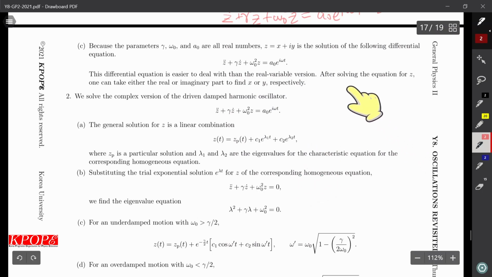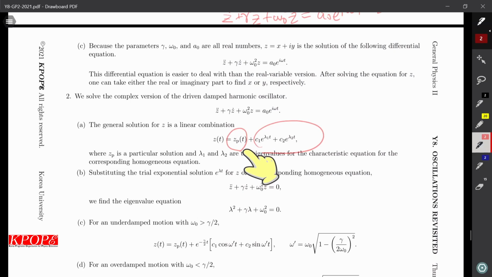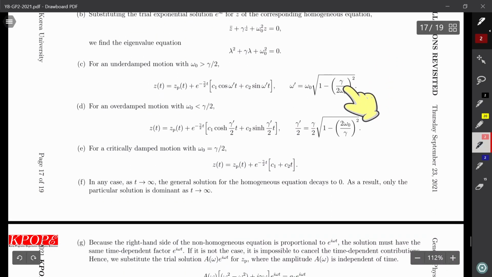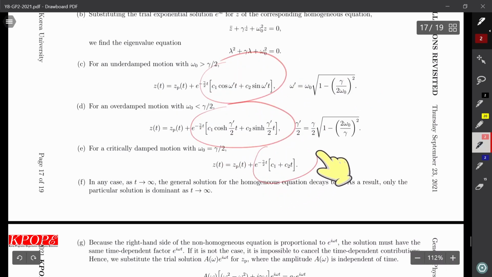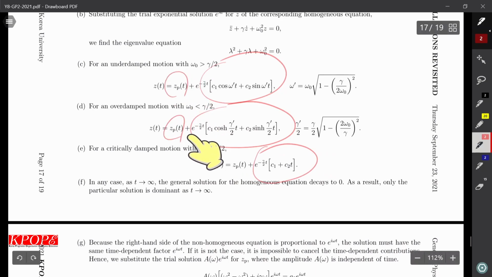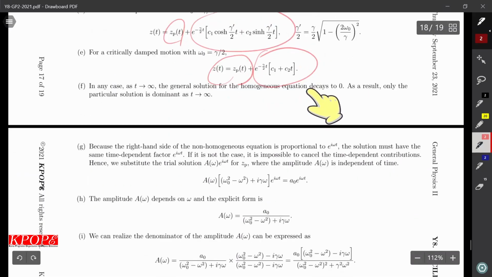Thus, in a similar manner, your answer will be the sum of the particular solution and the general solution for the corresponding homogeneous equation. The particular solution can be obtained by substituting the same functional form except for the amplitude. As a result, we have all the same solutions for the homogeneous part, and what we are interested in is determining the particular solution.